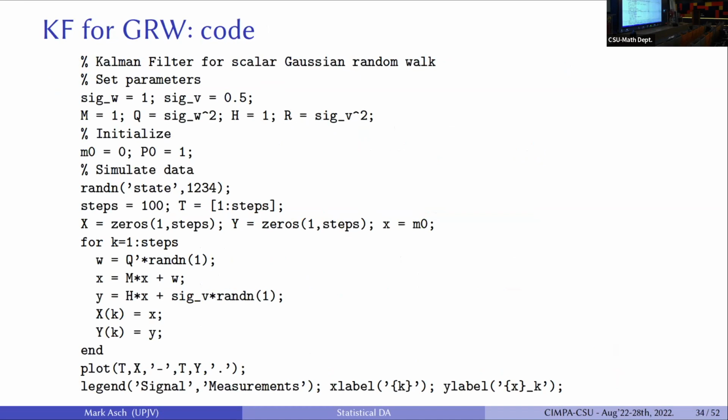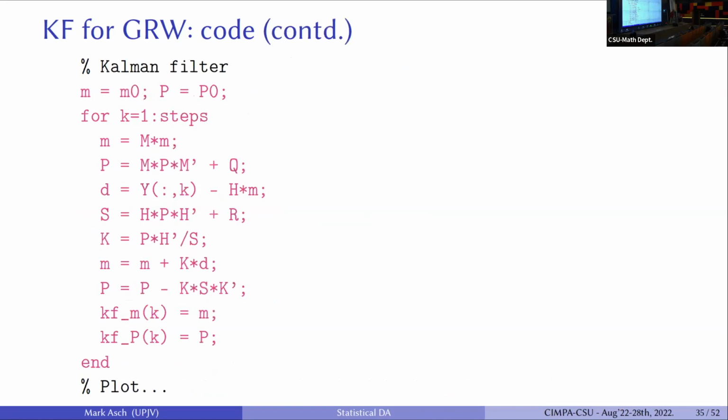All of this at the beginning is Octave or MATLAB code, but you can write it in any language. This is all just initialization, and this is just generating the random measurements. Then the actual Kalman filter itself is just this little part here. I've repeated it here. The Kalman filter itself is exactly what we've seen.